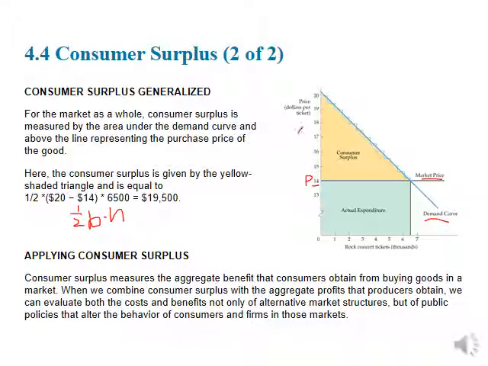Here the height of this triangle is 6, $20 minus $14. The base of this triangle is 6,500. Note that tickets are listed in thousands. So we get 1/2 of 6, that's 3, times 6,500, for a total consumer surplus of $19,500.